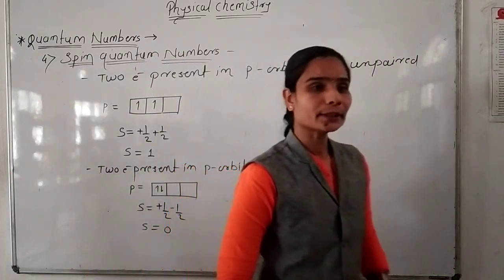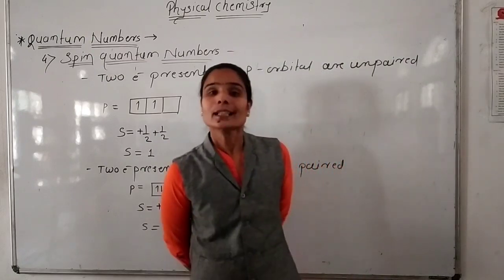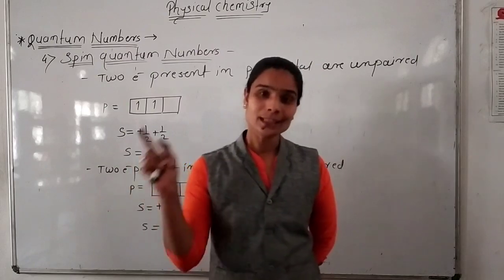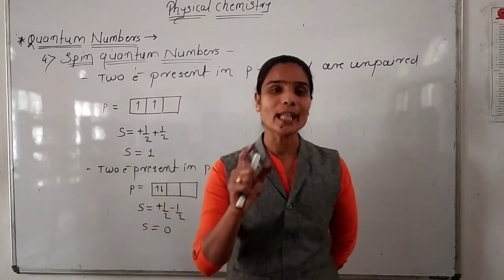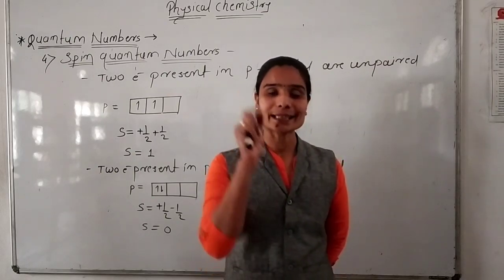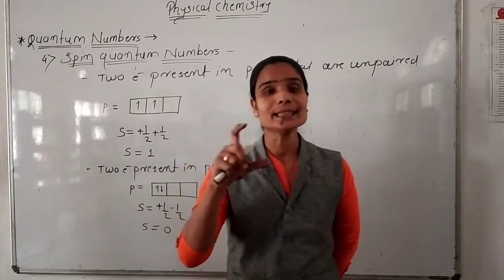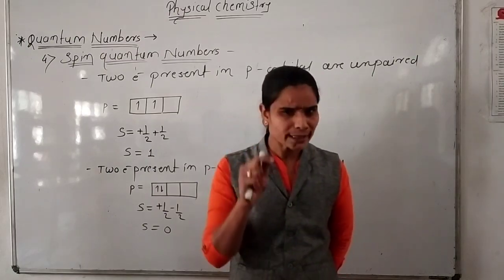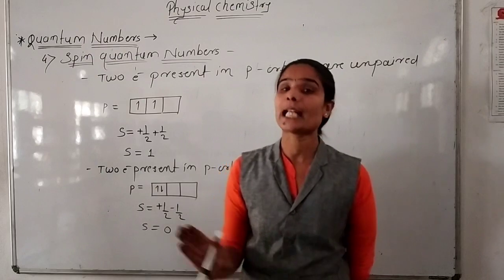This means when an electron is in an unpaired condition, or a single electron is present in a separate orbital with upward direction, its spin value is plus half. If the electron is in a separate orbital but has downward direction, the spin value is minus half.